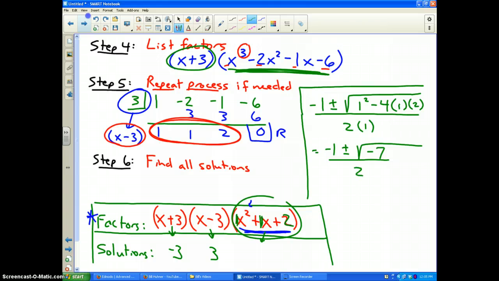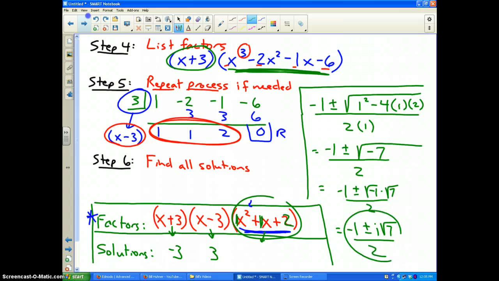1 squared minus 4 times 1 times 2 is -7, which is equal to -1 plus or minus, this is the square root of -1 times the square root of 7 all over 2, which equals the imaginary solutions, -1 plus or minus i square roots of 7 divided by 2.